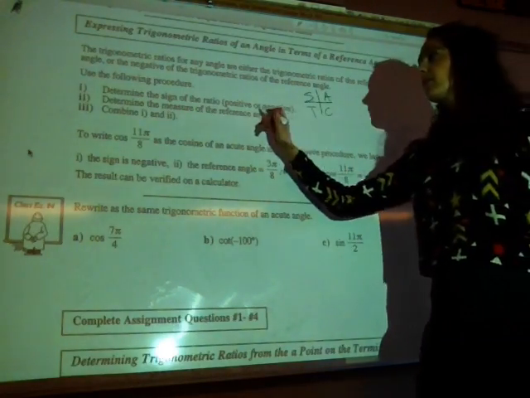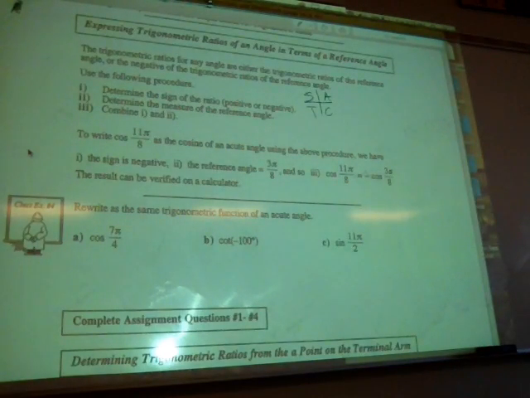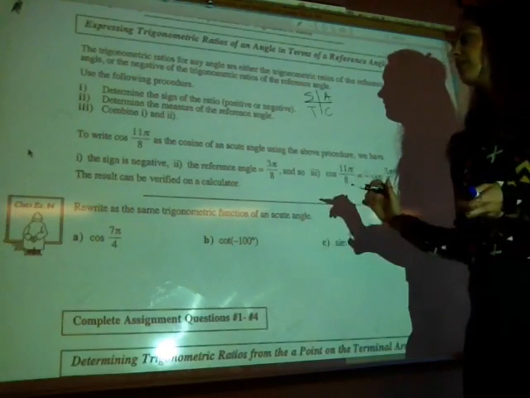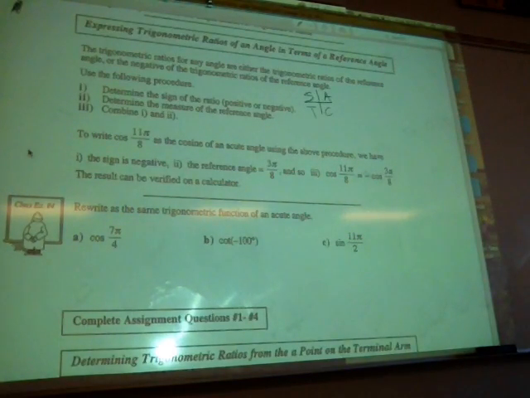Then we figure out the reference angle. Who remembers where the reference angle is always located? Between the x-axis and what? Terminal arm. Perfect, that's our reference angle. And then we combine the two. So let's get right into the example.